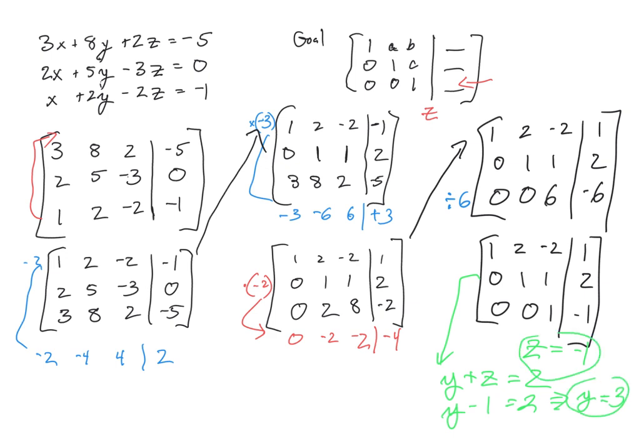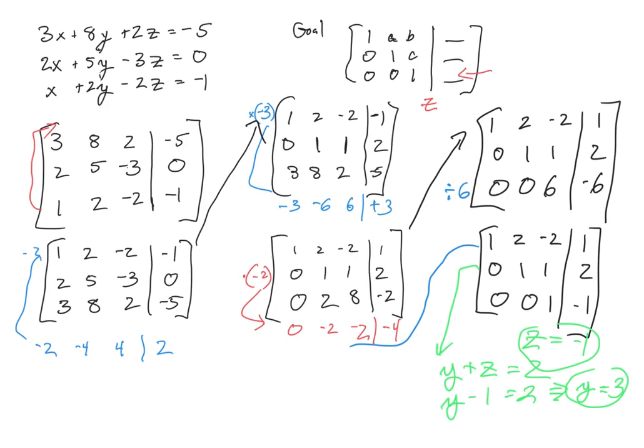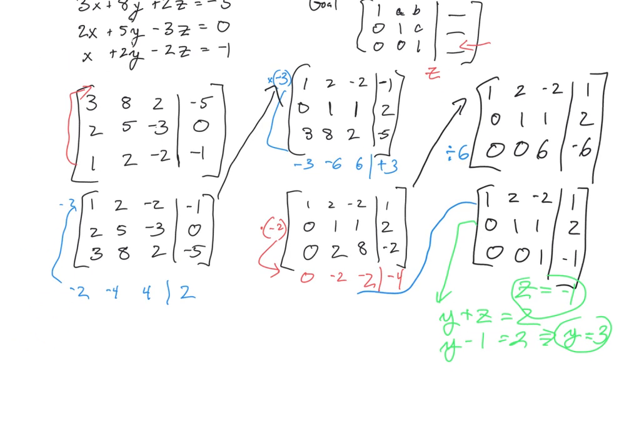And then if I take this equation over here and rewrite it as 1, so again it's 1, 2, negative 2, 1. So x plus 2y minus 2z equals 1.